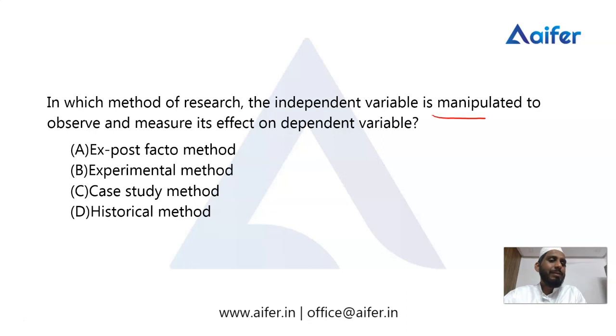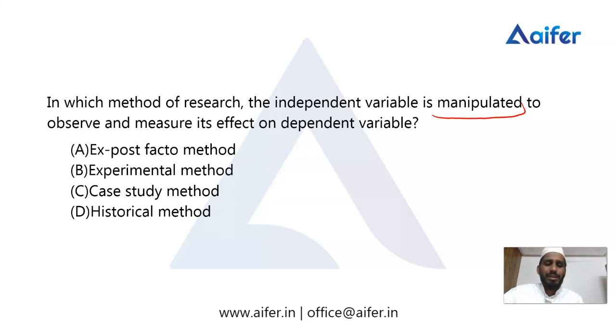Here the key term is manipulated. While doing research, the researcher might manipulate the independent variable or select the independent variable. Here it is asking about manipulation of the independent variable. So the independent variable is manipulated to observe and measure its effect on the dependent variable.